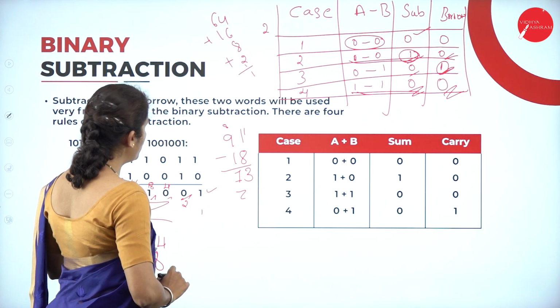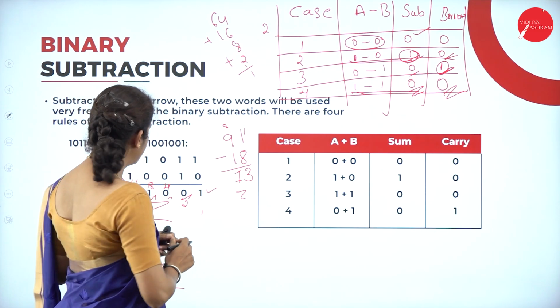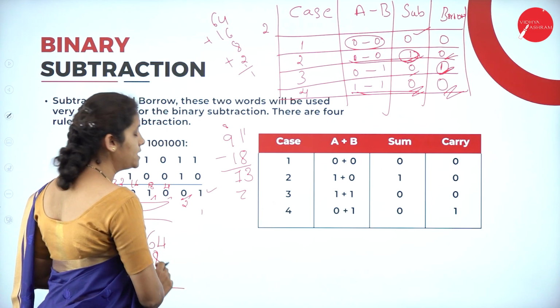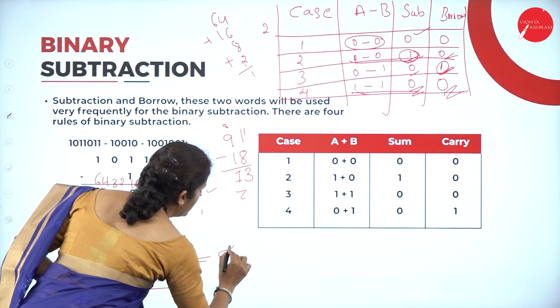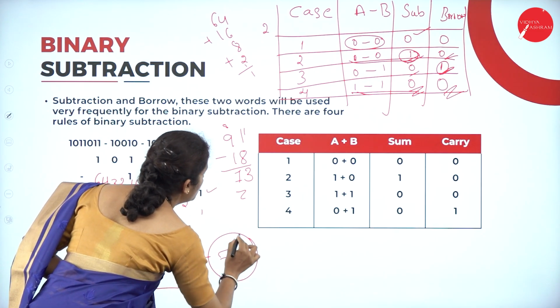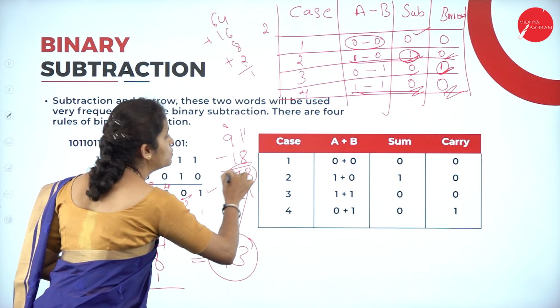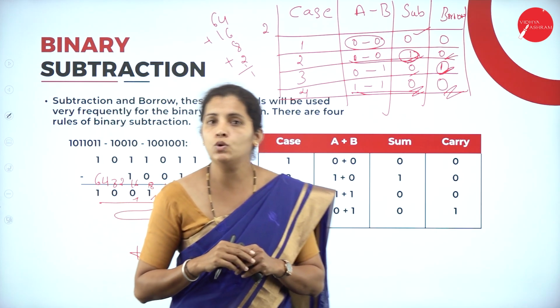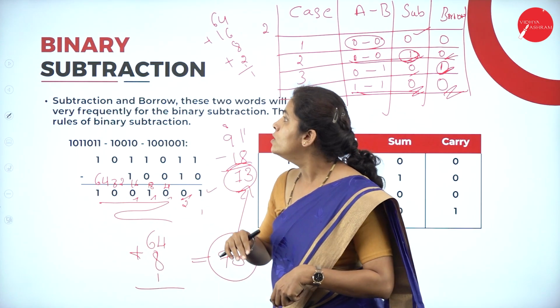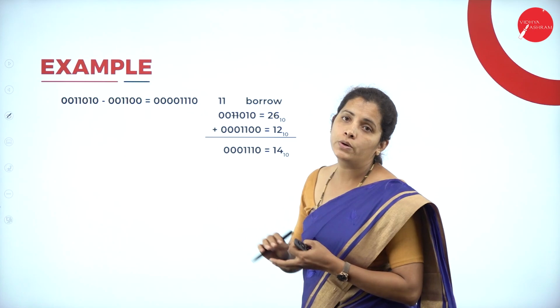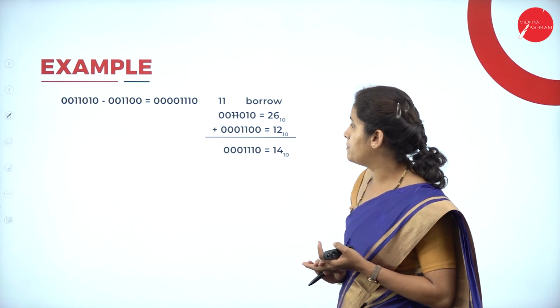So 64, 8, how much? It is 72. 72 plus 1, it is 73. So both the values are same. So this is the way you can cross verify. Moving further, we are going to get another example.